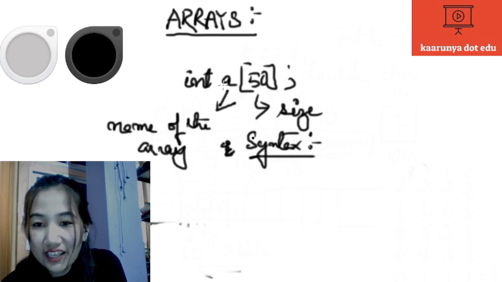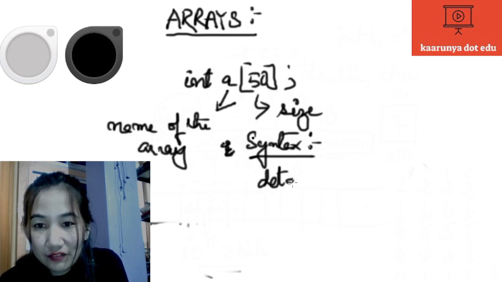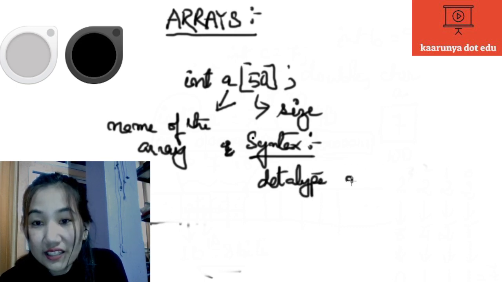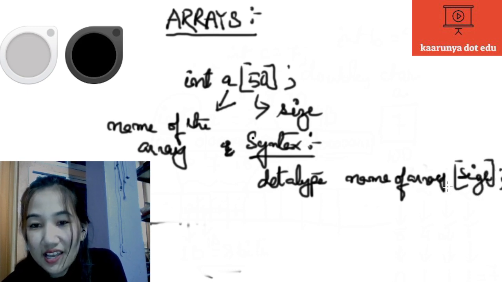This is called array declaration. So how do we declare an array? First is the data type that you want, the type of the array, then the name of the array, then inside the brackets you should write the size of the array.